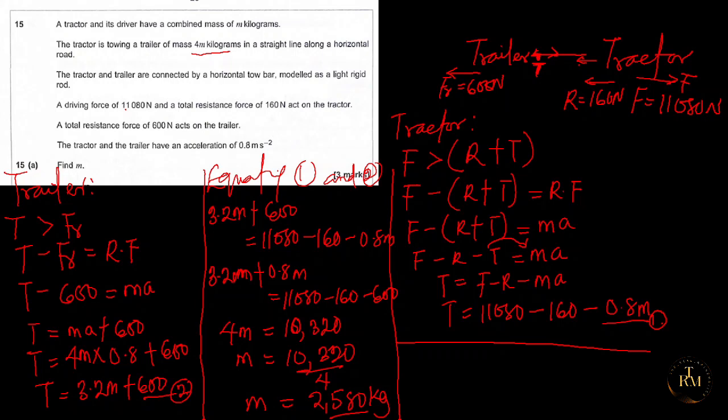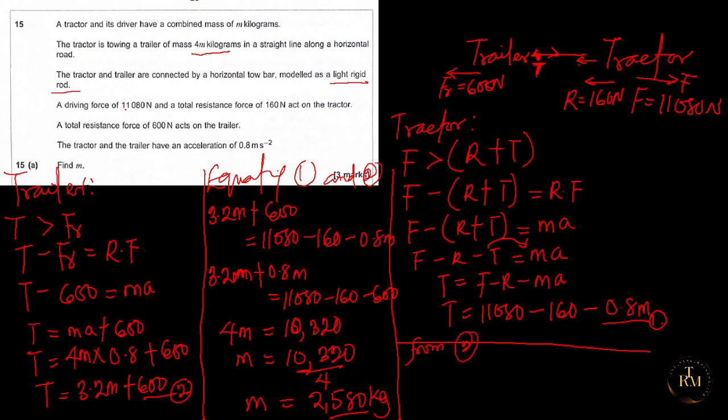Right, so this is just the analysis basically, but you can also be asked to get the tension acting in the light rigid rod that was connecting the tractor and the trailer. We can use either equation 1 or 2 to get the value for the tension, but I would like to use equation 2.